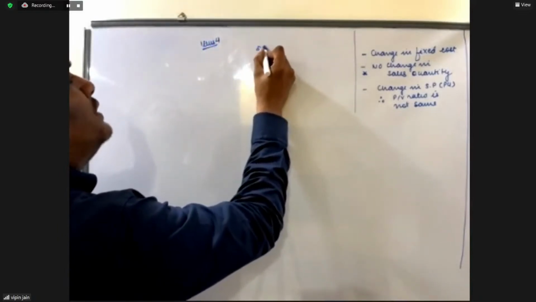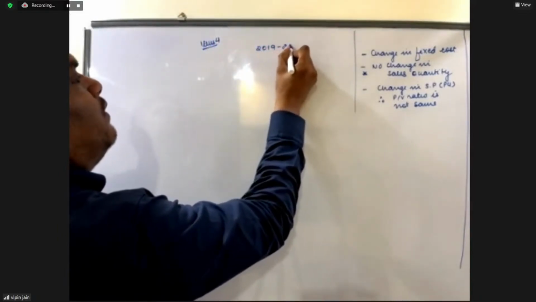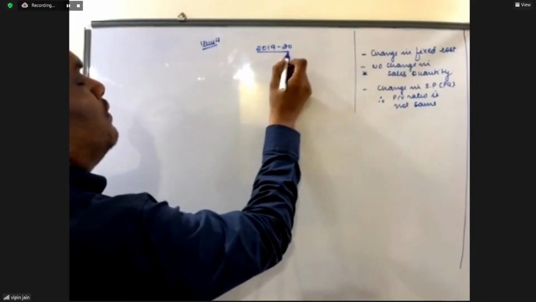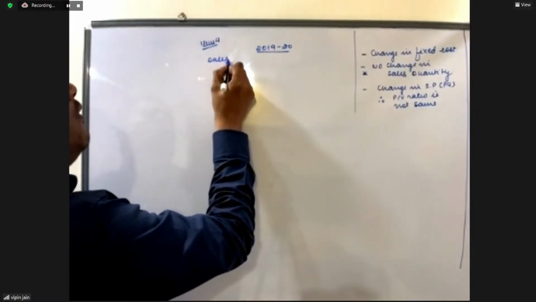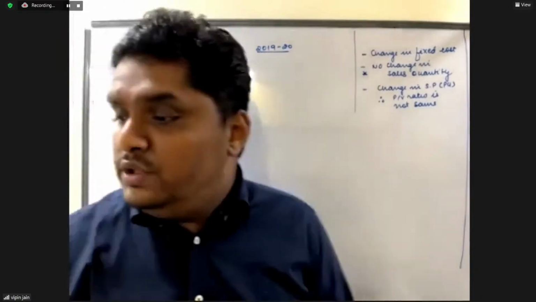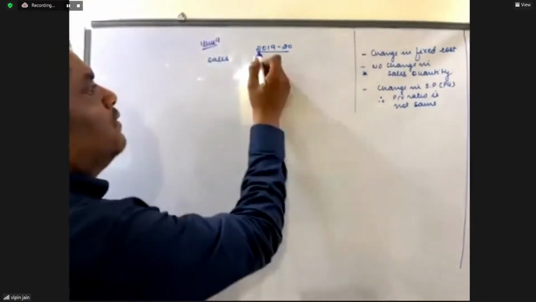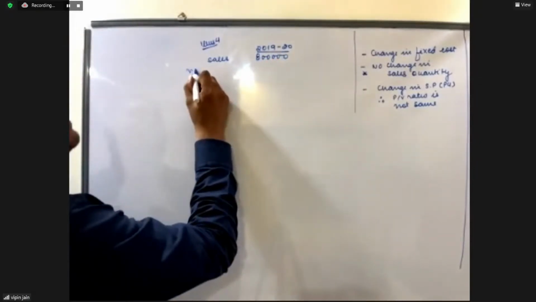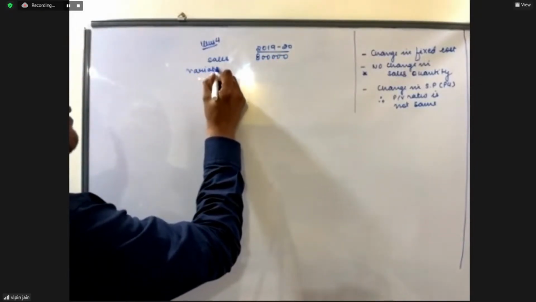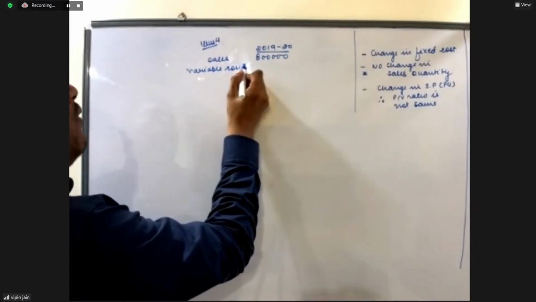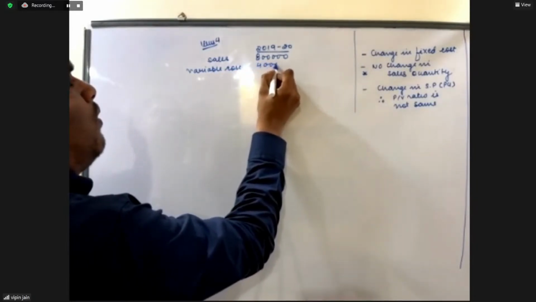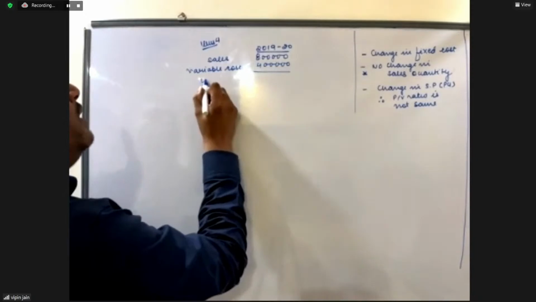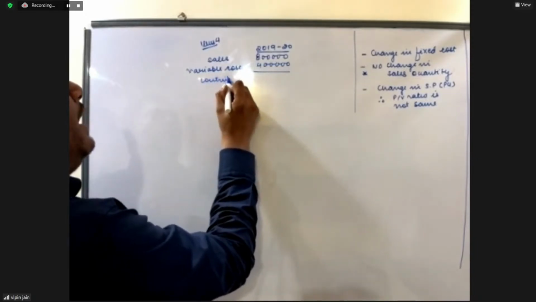So 2019-20, my sales is how much? 8 lakh. My variable cost will be 4 lakh. So my contribution will be 4 lakh.